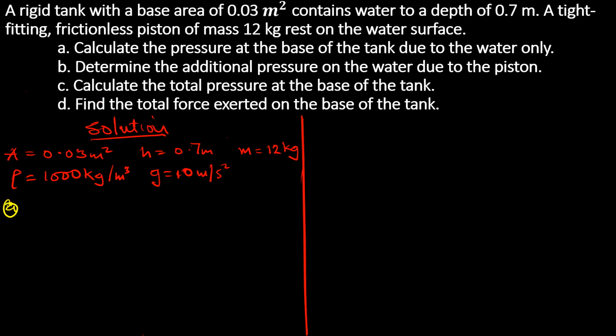We know pressure, which is P, let's make it pressure of the water, PW, to be density of water times gravity times the depth, which is H. So this will be equal to density, 1000, times gravity, 10, times the depth, that is the height, 0.7.